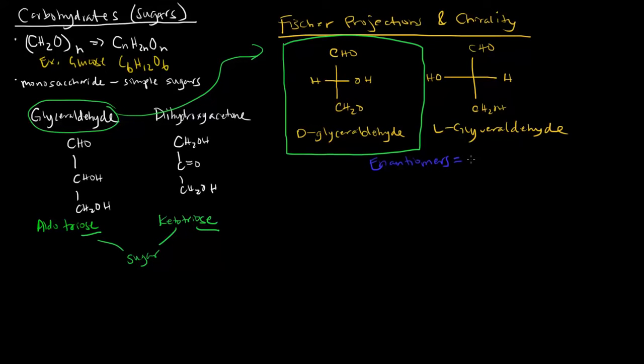Enantiomers are stereoisomers that differ in absolute configuration at all chiral centers. So these two only have that one chiral center here, and so they differ in absolute configuration there, and hence they are enantiomers because they only have that one chiral center.